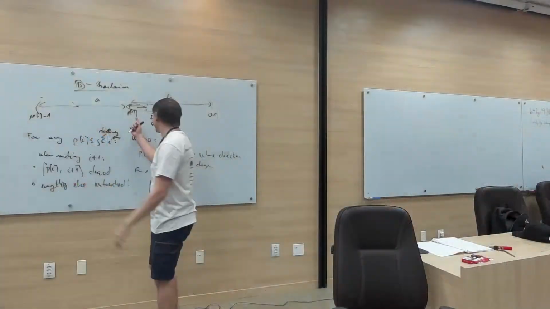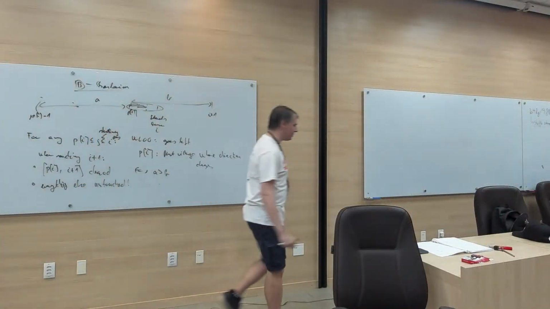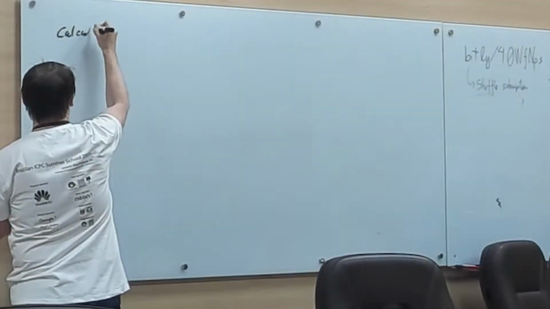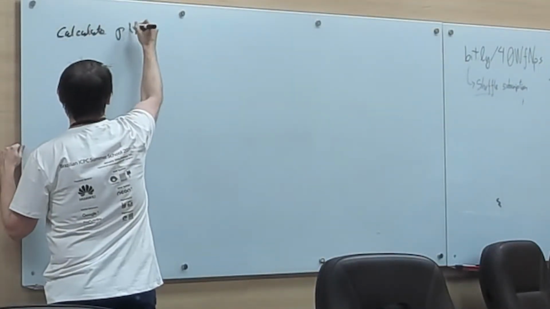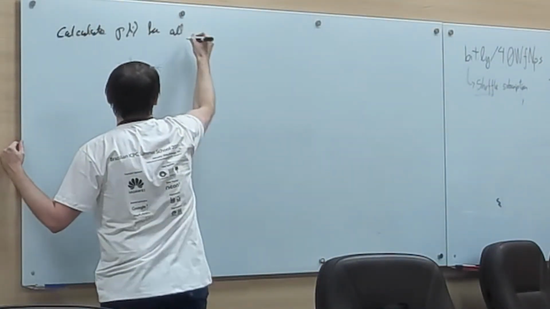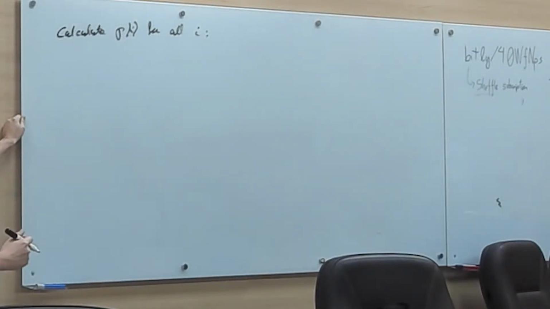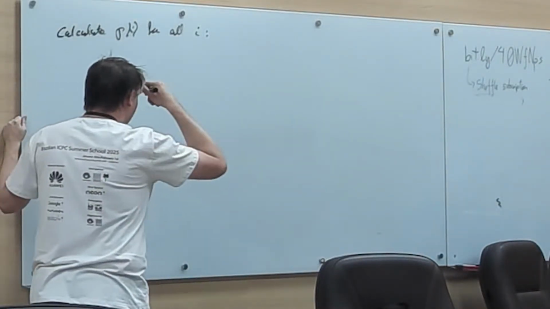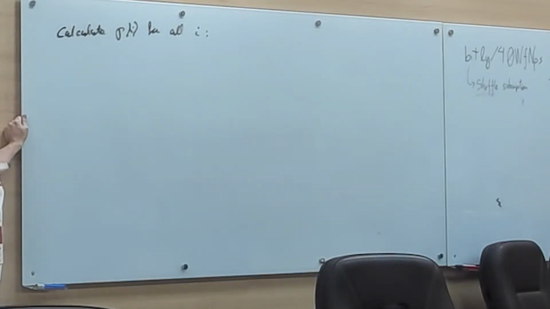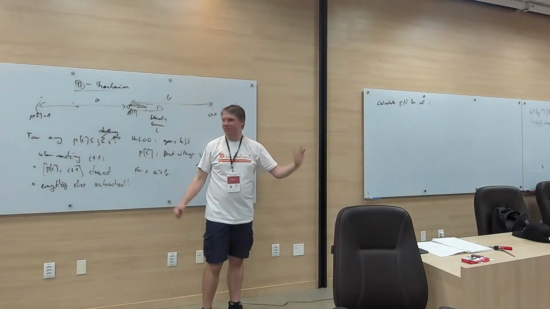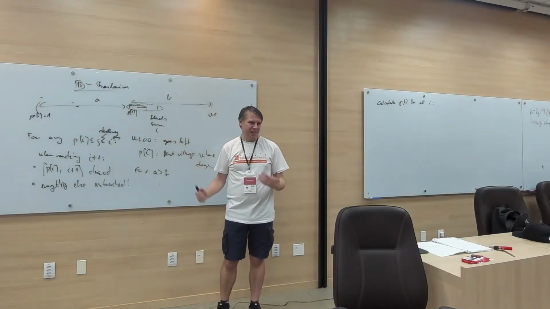Okay, so that means we might want to calculate PI for all I. We can already do a minor improvement. We can, for example, only calculate PI for the villages where the barbarian actually starts going to the left, as we assumed.